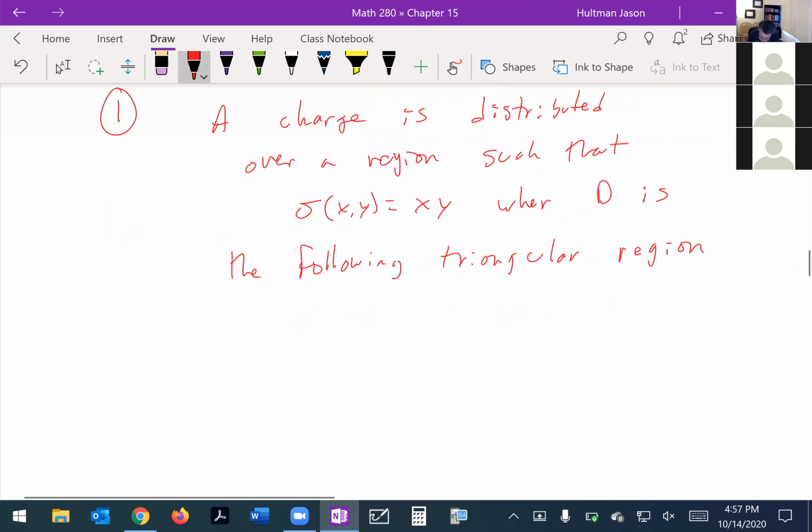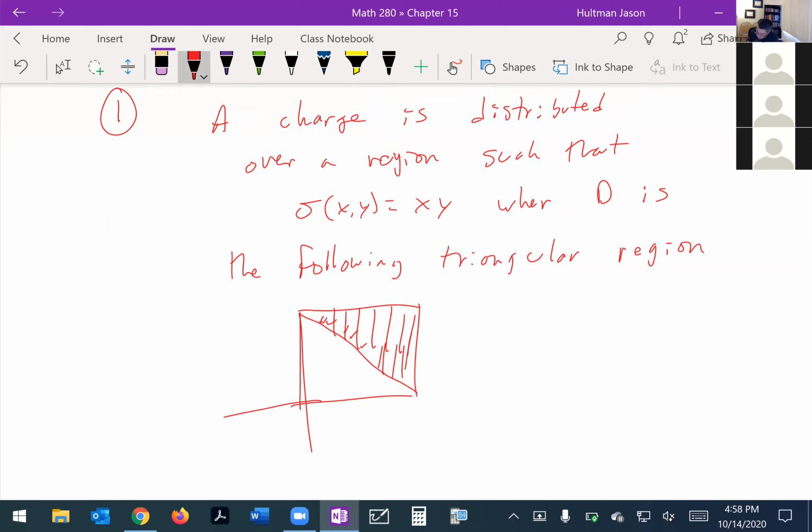So it looks like this. Oops, not like that. Like this. That's the region. That's the origin, with x and y.